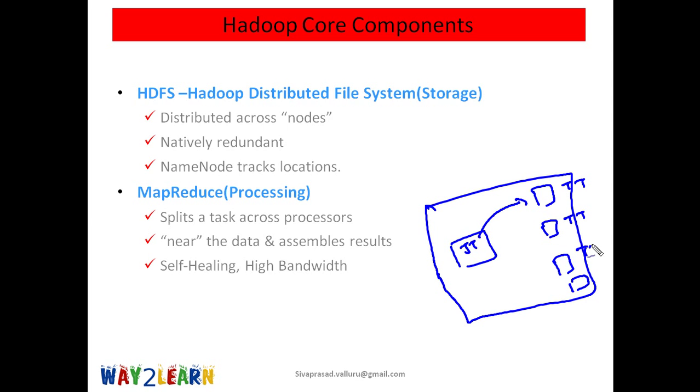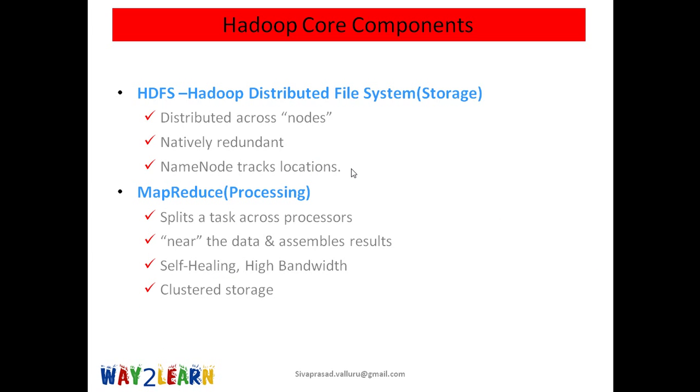Let's assume task tracker 2 is executing some task and suddenly it crashed. Will it result in failure of my job? No. The job tracker will choose one more task tracker to execute the same task. So it is self-healing, right? Okay, next. And MapReduce uses clustered storage.